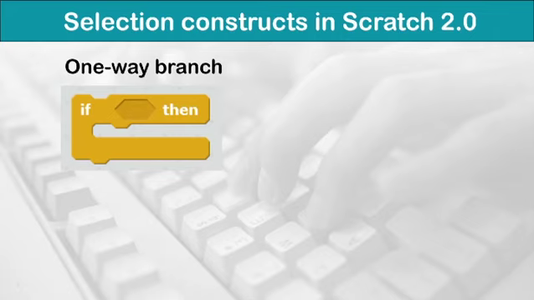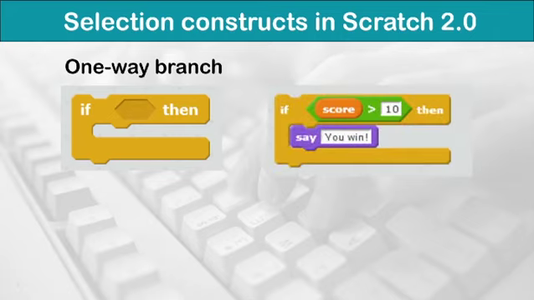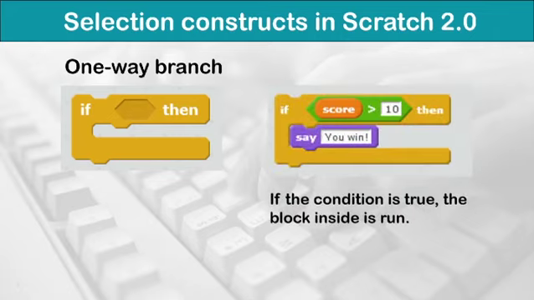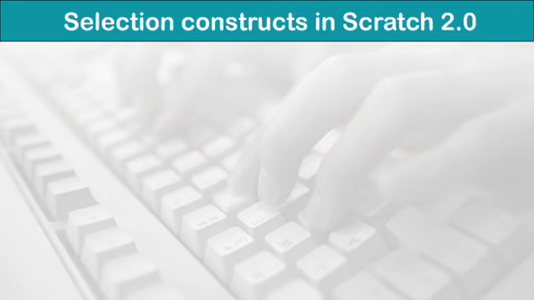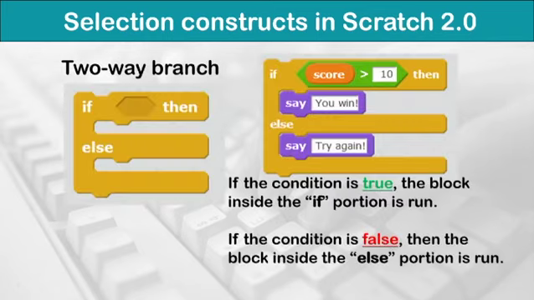In the one-way branch block, if the condition is true, the block inside is run. In the two-way branch block, if the condition is true, the block inside the if portion is run. If the condition is false, the block inside the else portion is run.